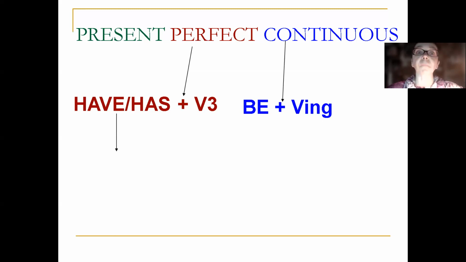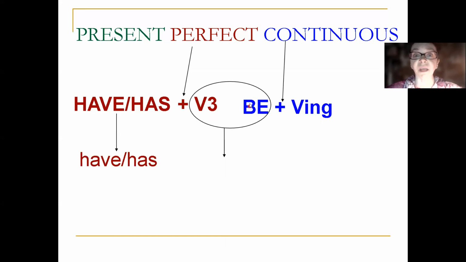So to make the present perfect continuous, we take have or has because it is perfect. Then we take the verb to be because it is continuous, and we put it in the past participle because it is perfect. So what's the past participle of the verb to be? Right, been.